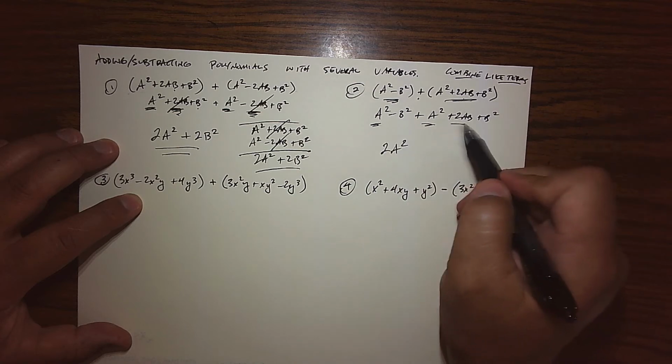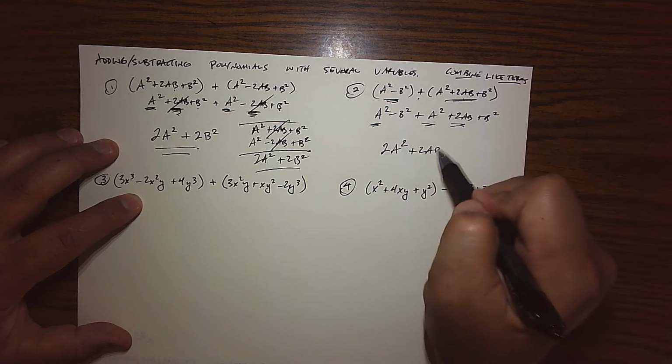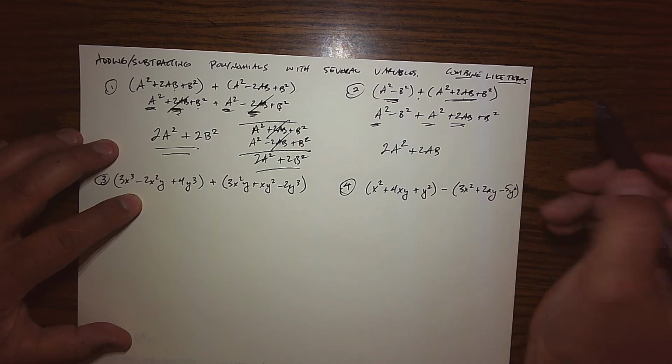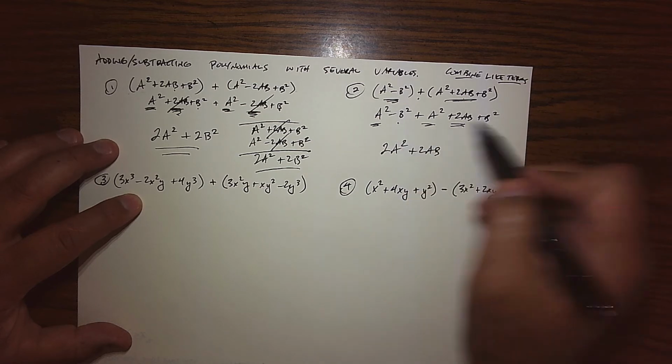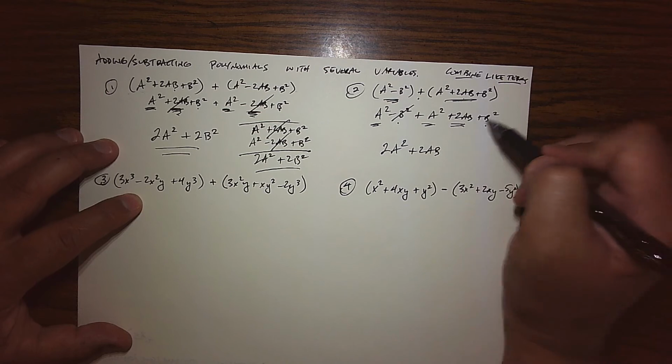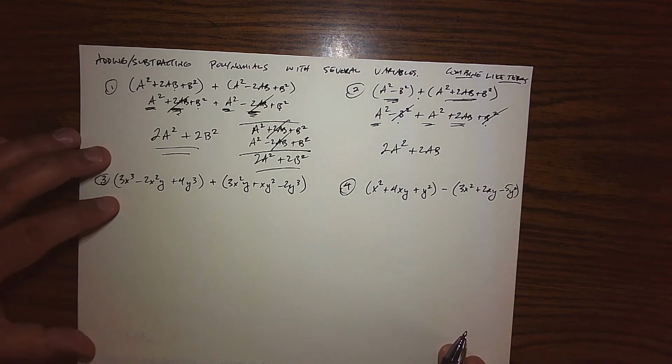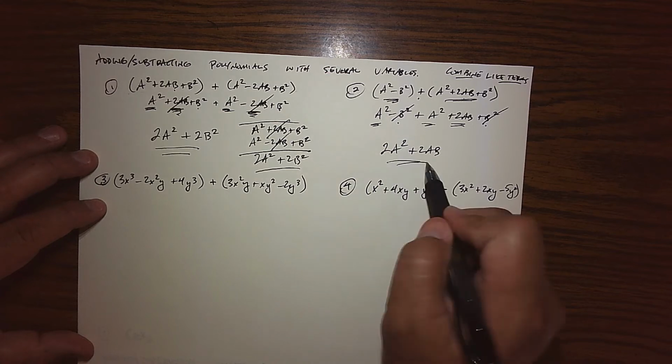There's only one term with ab in it, so we get 2ab, and then we have a minus b squared and a plus b squared, so they actually cancel out. So that's what would happen if I took the difference of squares and added it to its perfect square counterpart, right? So there's the end result.